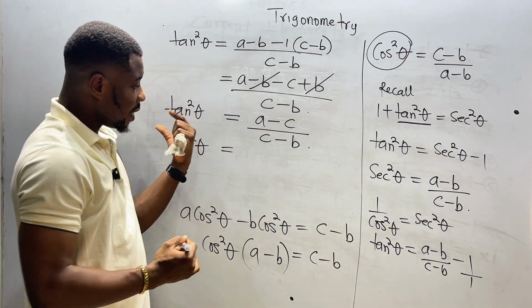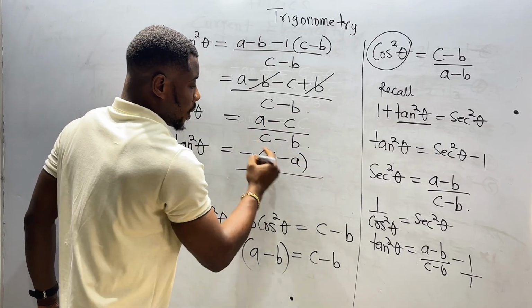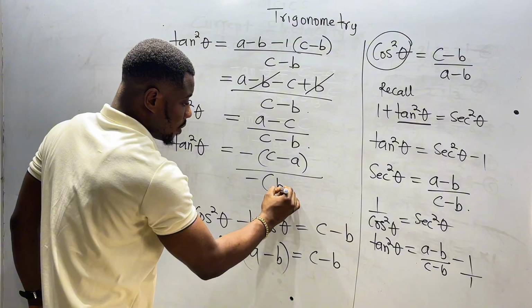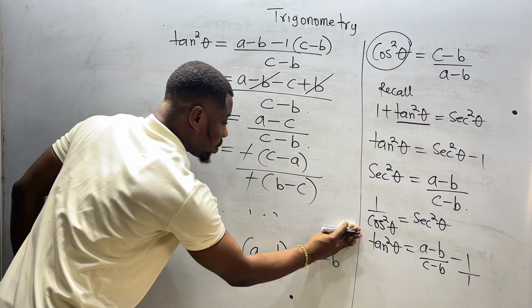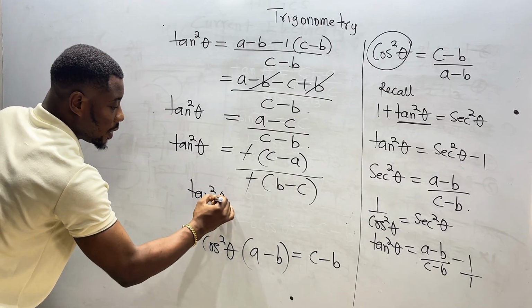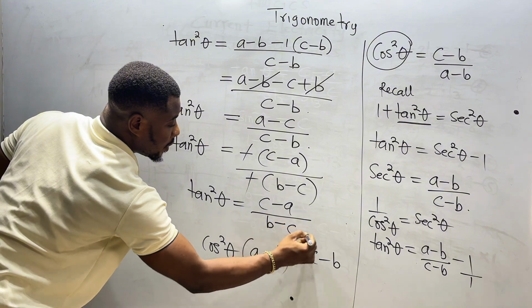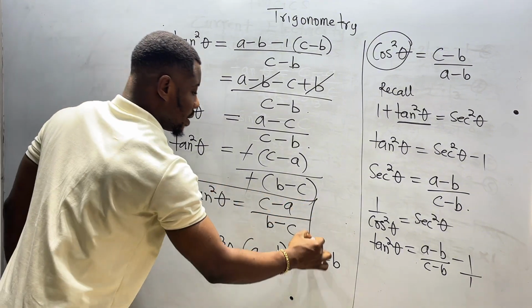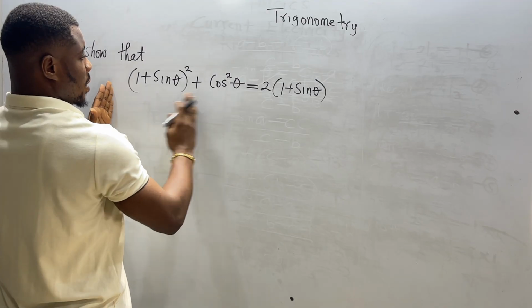Bringing out a negative from the top, I'll have negative into c minus a. Bringing out a negative from the bottom, I'll have negative into b minus c. So these two can go out, and finally we have determined our proof. This gives us c minus a over b minus c, so this is the correct answer, and what we have here is equal to this.